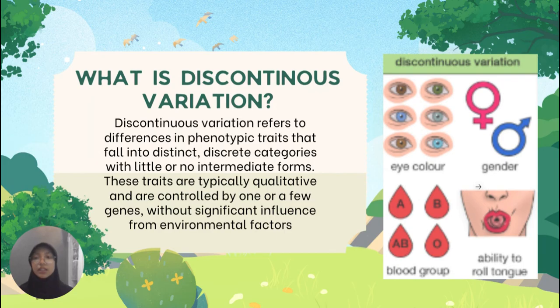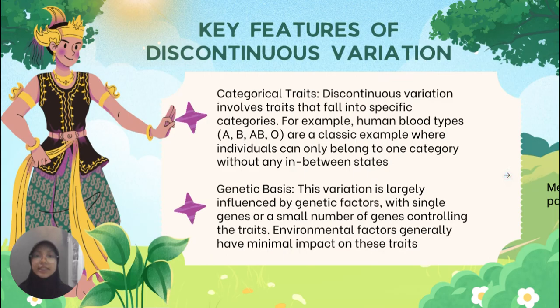The simple explanation is distinct differences for a characteristic in humans. So we can see in the picture that discontinuous variation is like eye color, gender, blood group, and ability to roll tongue.